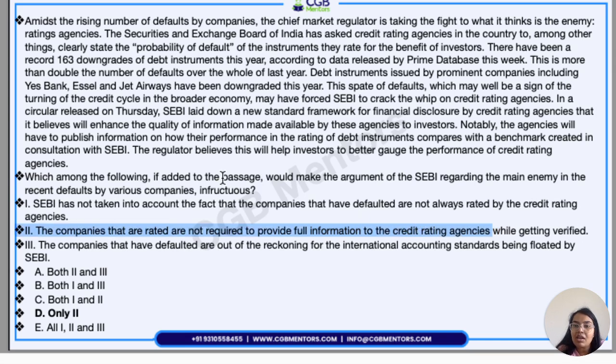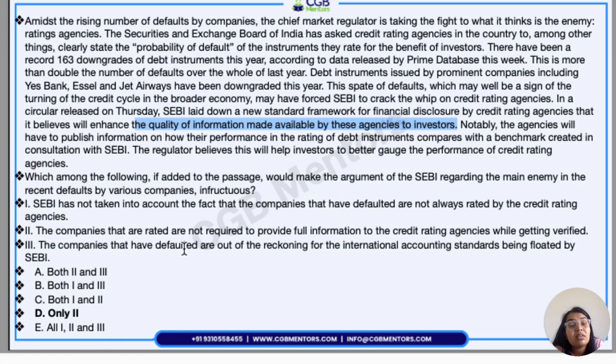Now this became the reason why the argument of SEBI regarding agencies is infructuous, that is ineffective. Because these people, the ones to whom credit is to be given, maybe see this line: SEBI laid down a new standard framework for financial disclosure that it believes will enhance the quality of information made available to investors. Here, because proper information is not being disclosed, the infractions and ineffectiveness are visible. So the answer was only the second one.